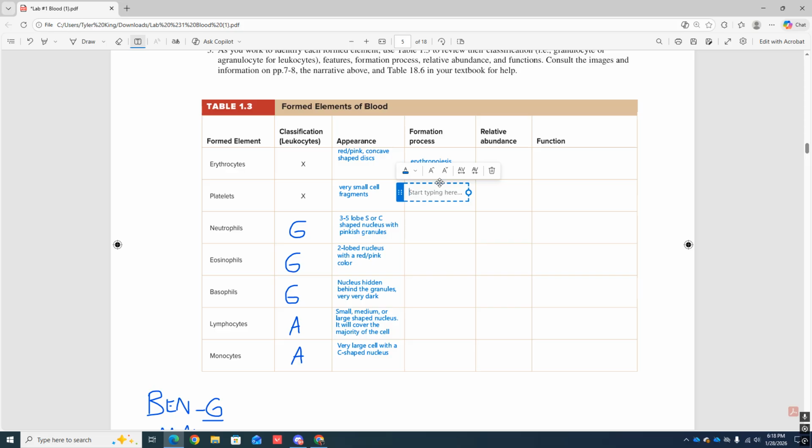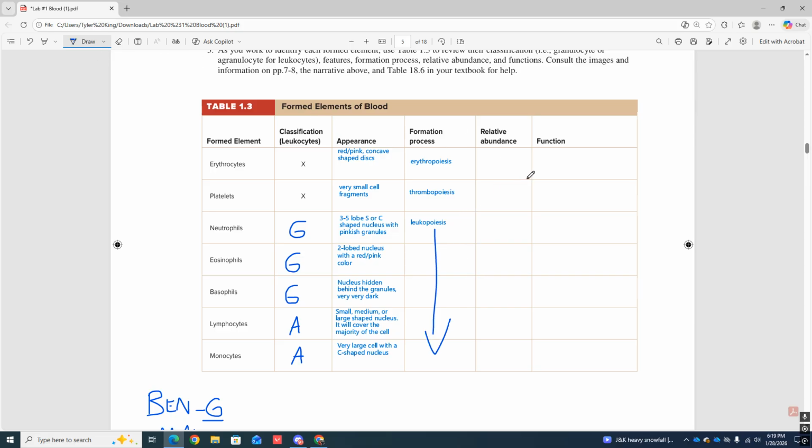Platelets is thrombopoiesis. Neutrophils and all the ones going down here are going to be leukopoiesis, all right? I can't copy and paste, but just know that this applies to all of the white blood cells, okay?